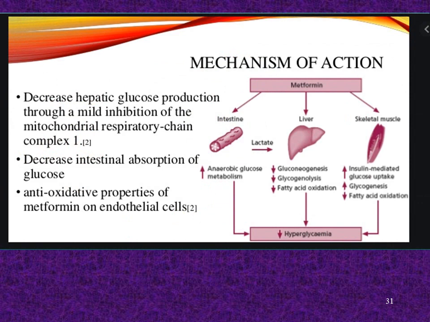Again, metformin targets the intestine, the liver, and the skeletal muscles, and there it causes decreased production of glucose. How? By a mild inhibition of the mitochondrial respiratory chain complex, decreased intestinal absorption of glucose, and thirdly, antioxidative properties of metformin on the endothelial cells.